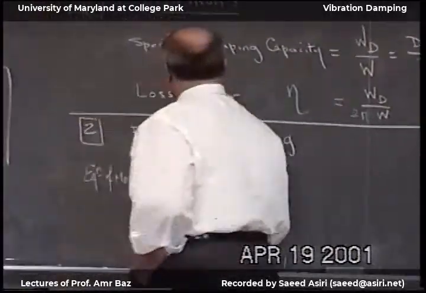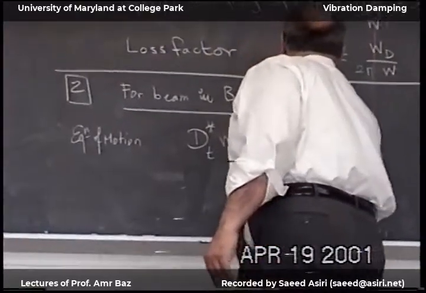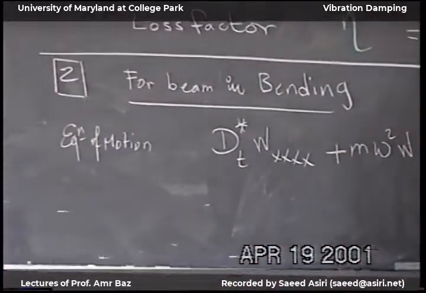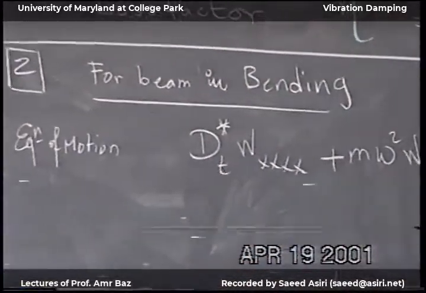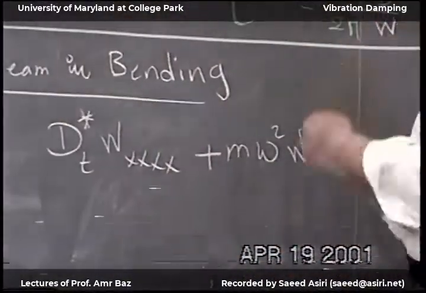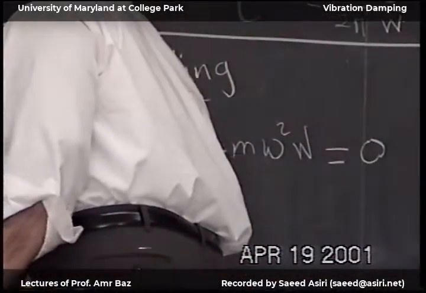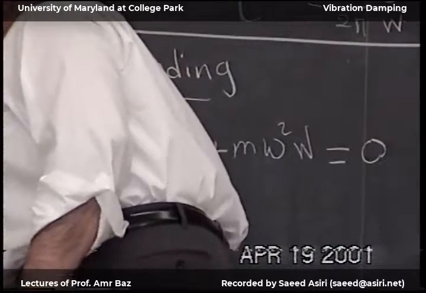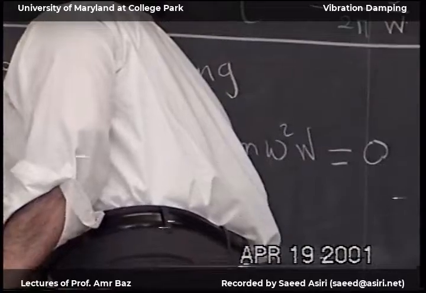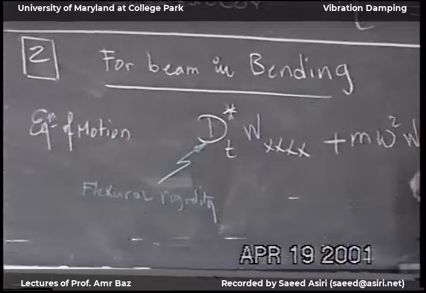And we had D, the flexural rigidity, and it has complex number notation. And then mass per unit length and frequency.